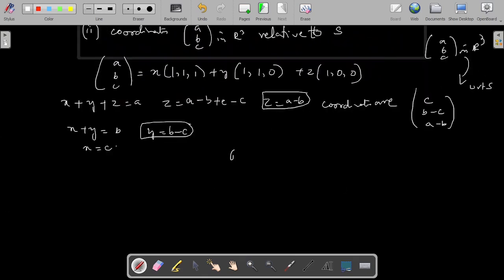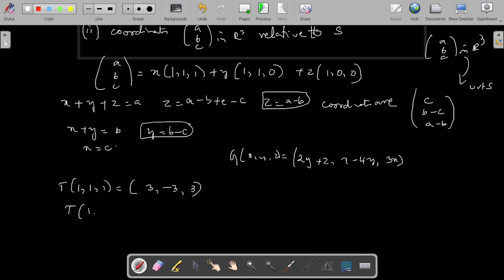So I will write the transformation here, T of x comma y comma z equals x plus 2y plus z, x minus 4y and 3x. Now where will these basis vectors go? T of 1 comma 1 comma 1: x is 1, y is 1, z is 1, so it is 3 comma minus 3 comma 3.